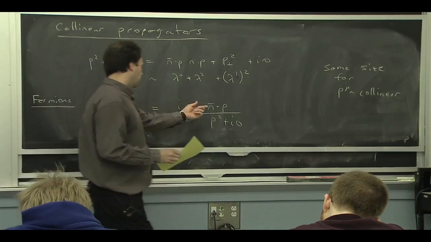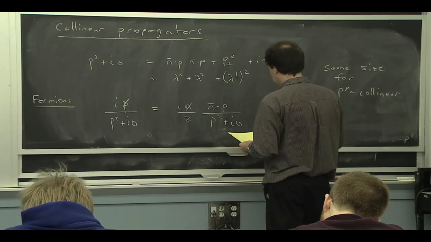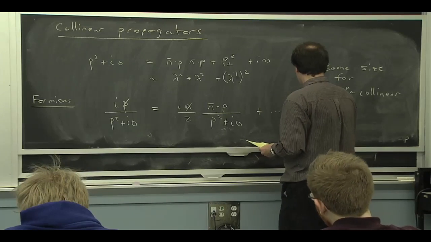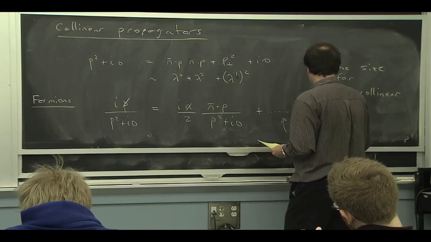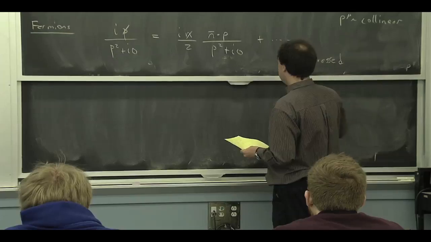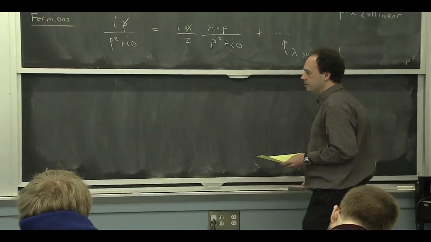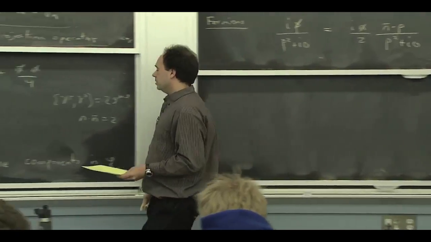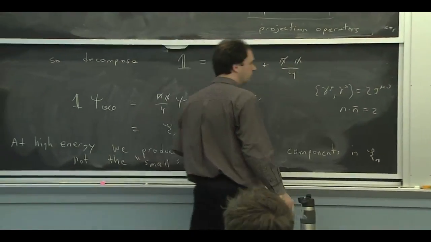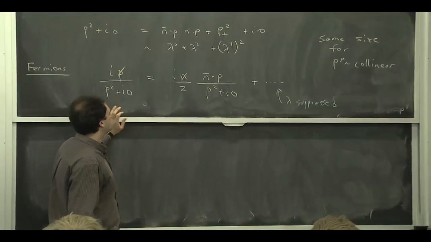And that is the n bar dot p piece, which is order 1. So there is a simplification of the p slash, and it's related in some ways to the simplification of the spinors. If you take two of these guys and you do the sum over spin, you'll actually get n slash over 2 n bar dot p.